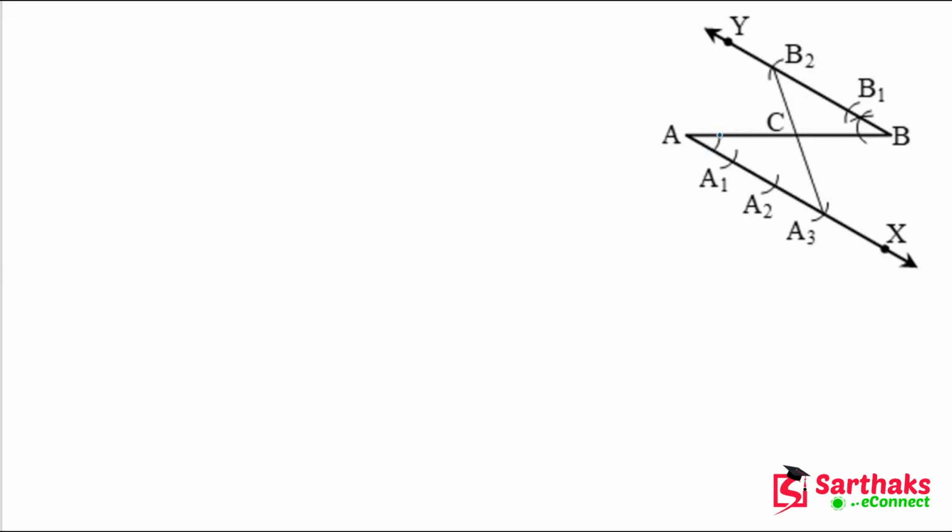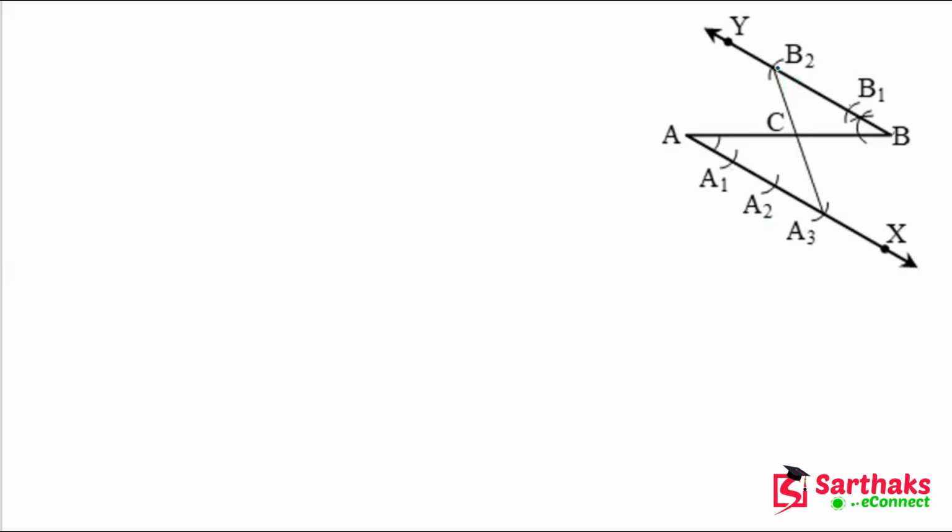This is AB, and this is our parallel line AX, this is our parallel line BY. AX and BY are parallel lines, and we are cutting A1, A2 and A3 with equal arcs, and the same here with the same radius we are cutting B1 and B2. I hope you get this point.